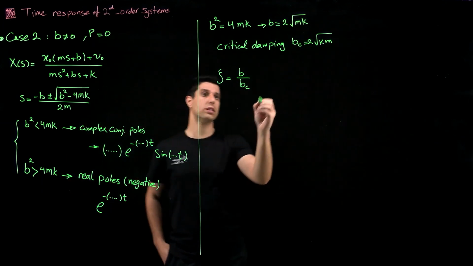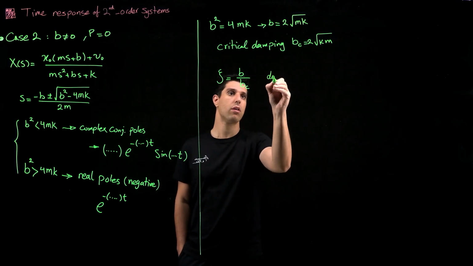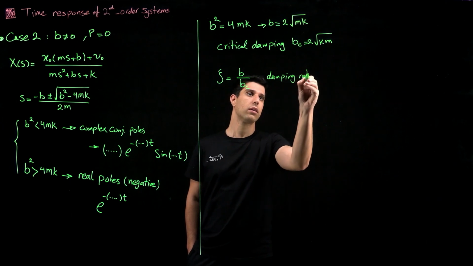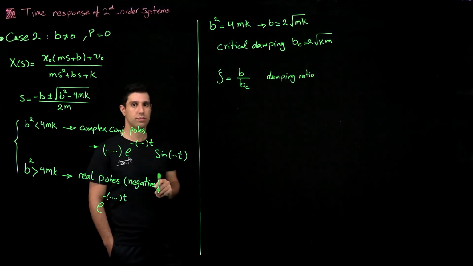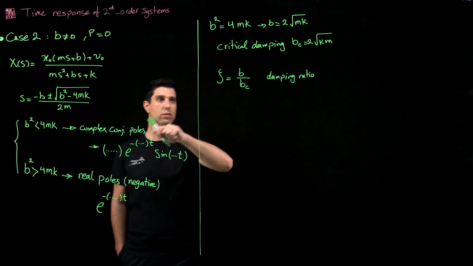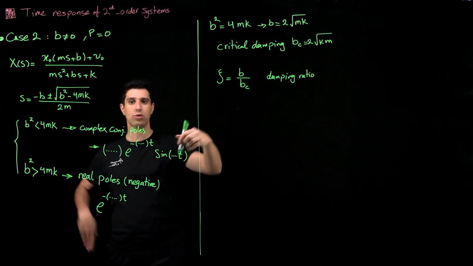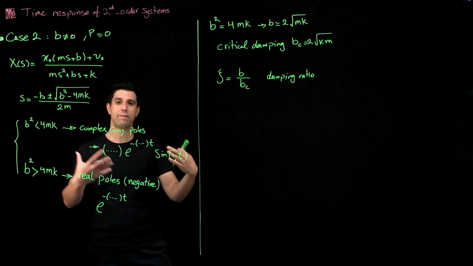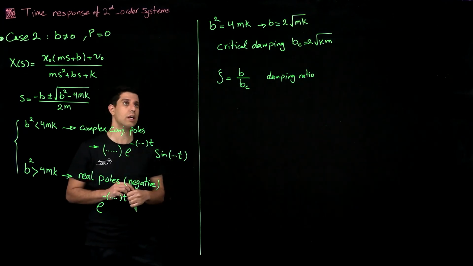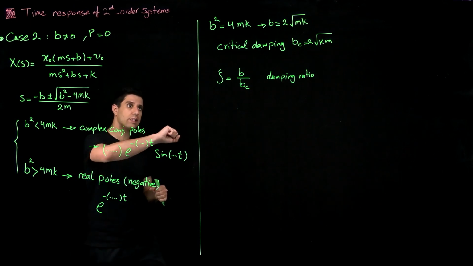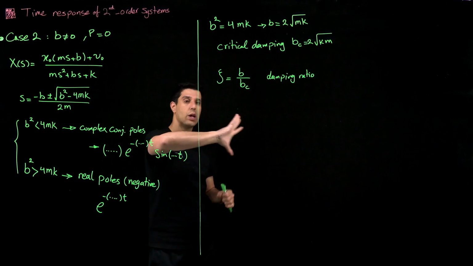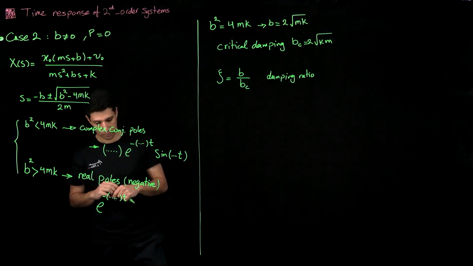And this one is called damping ratio. Similar to tau, this one can be used to define a family of responses that are shared across all systems. As long as they have the same zeta, or no, z, they will have similar behavior.